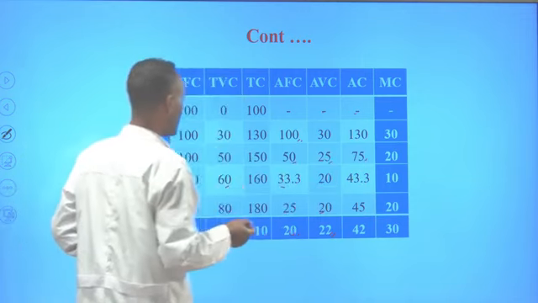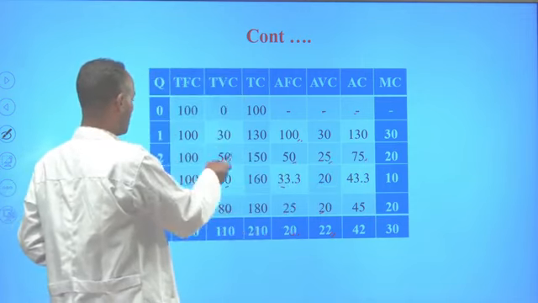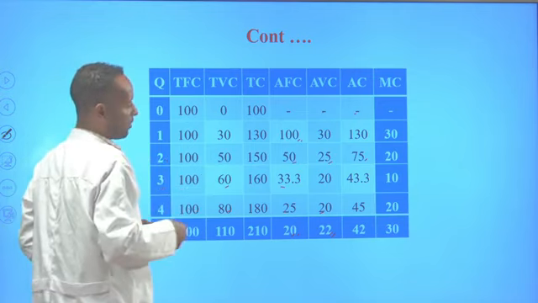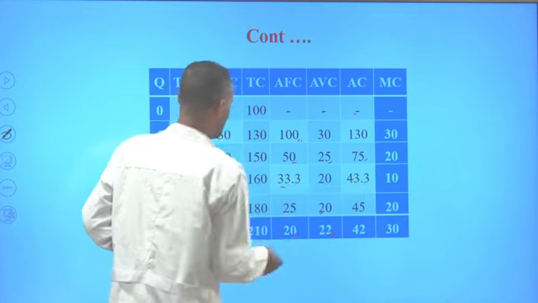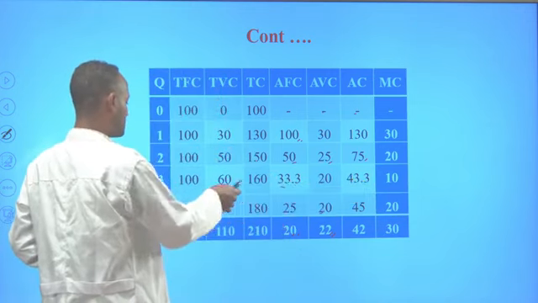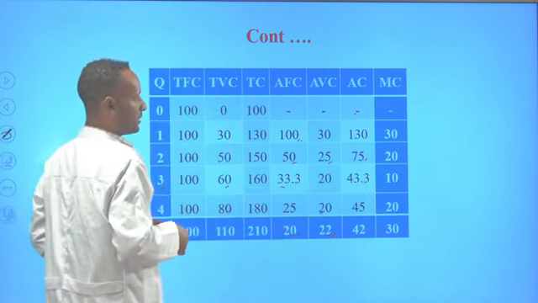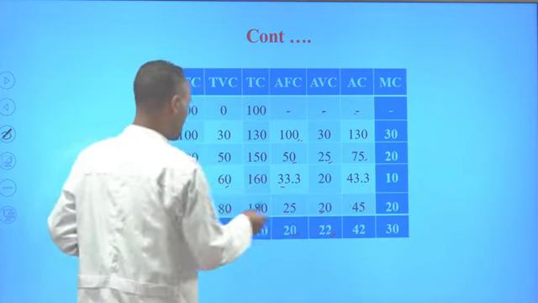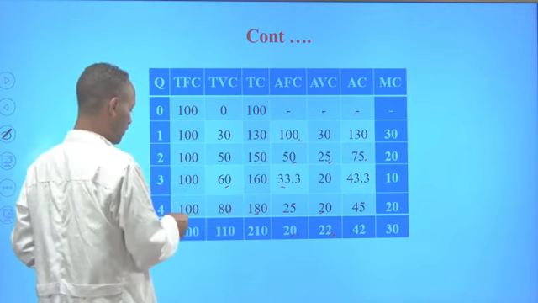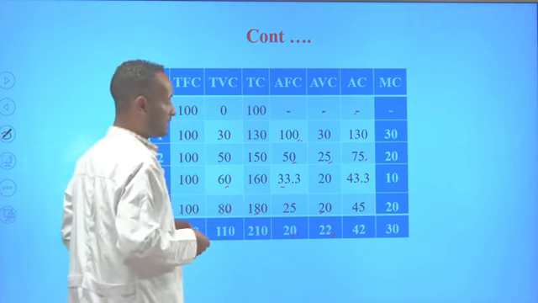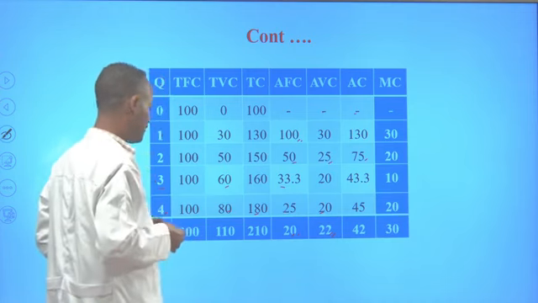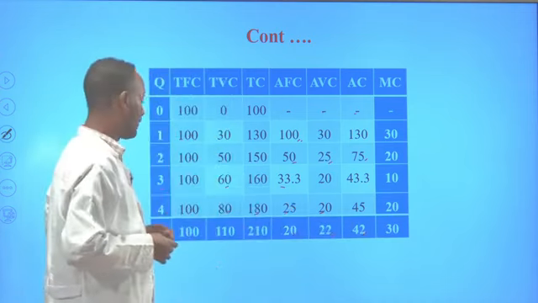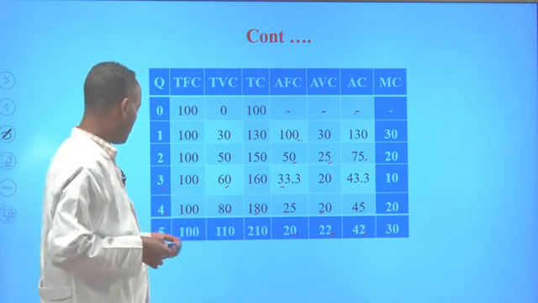It is calculated by dividing 150 by 2. And the average cost of 3 units of a commodity is 53.3. It is calculated by dividing 160 by 3. The average cost of producing 4 units of a commodity is 45. It is calculated by dividing 180 by 4. And finally, the average cost of producing 5 units of a commodity is 42. It is calculated by dividing 210 by 5.